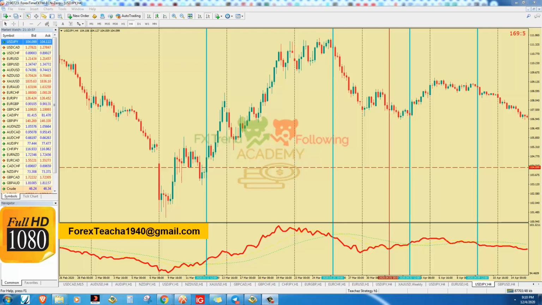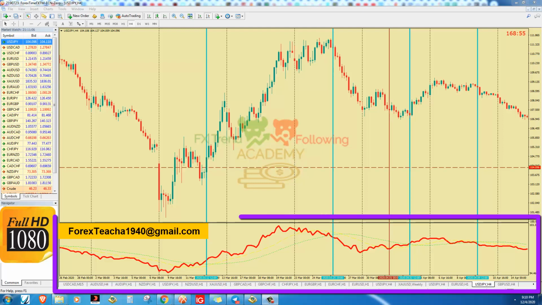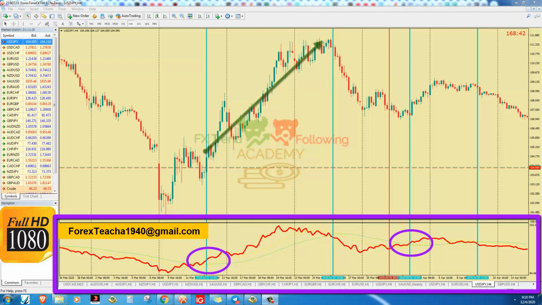All right. Let's get to the chart so that I can show you some live trade examples. What you see right here on the bottom of the chart is my trading system. The red thick line represents the US dollar. If the red thick US dollar line crosses above the yellow and the green, it means the US dollar is very strong.